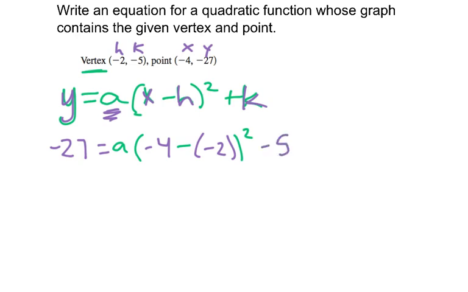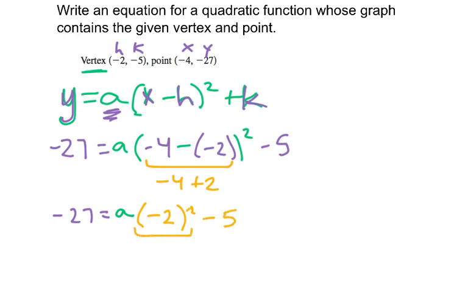Now we're going to evaluate and simplify as much as possible. So inside here, lots of things happening, but it's really just -4 plus 2. So we have -27 and our a, but it's actually going to be multiplied by -2 squared minus 5. We can go ahead and make -2 squared, and so we'll have -27 equal to 4, we'll just put that in front because we're used to seeing it there, 4a minus 5.